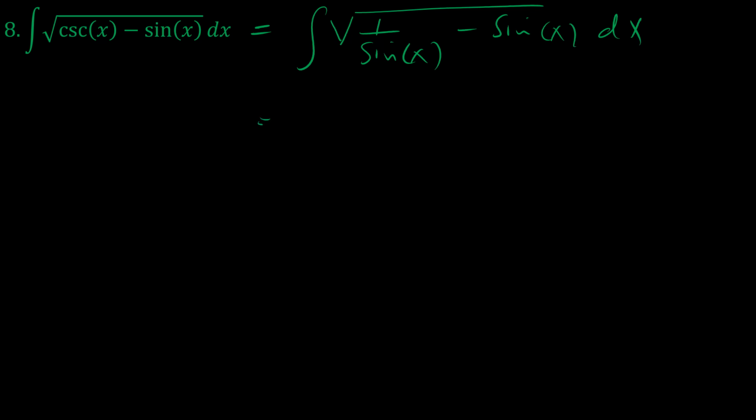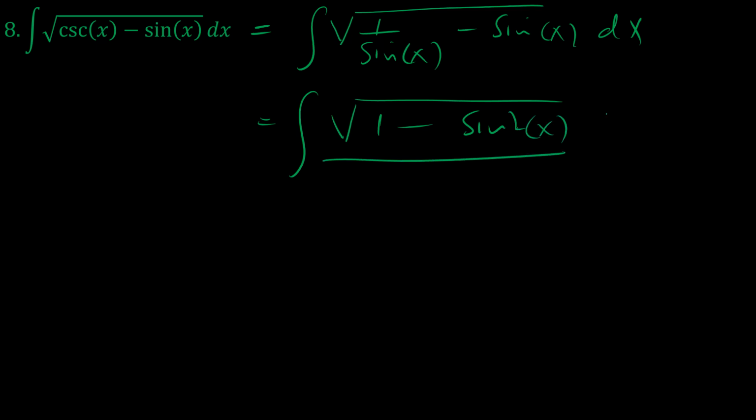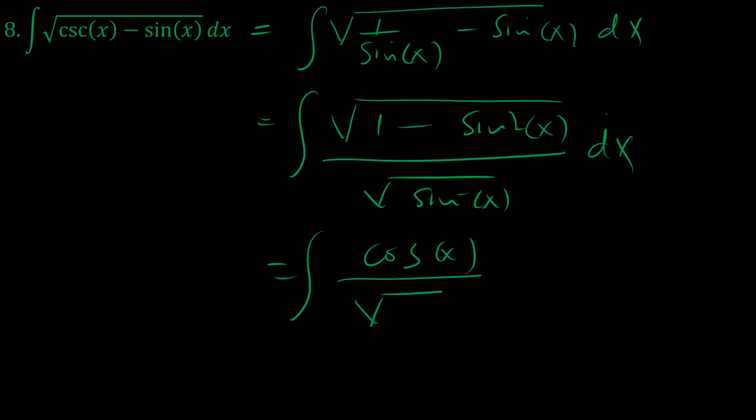So this is the same as 1 minus square root of 1 minus sine squared x over square root of sine x. So 1 minus sine squared x is cosine squared x, square root is cosine x over square root of sine x.